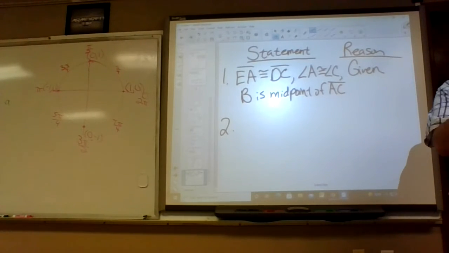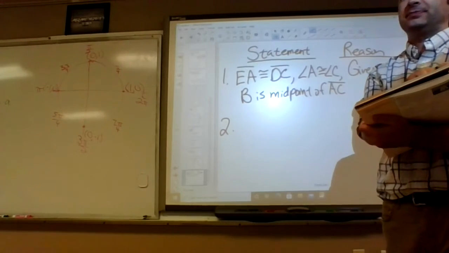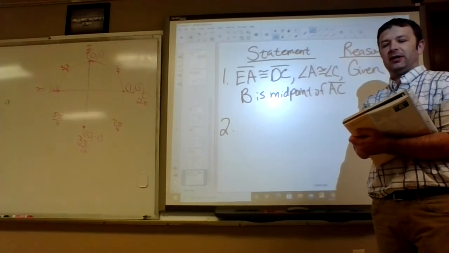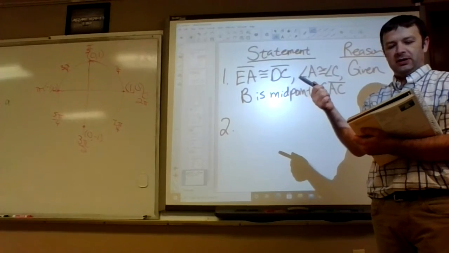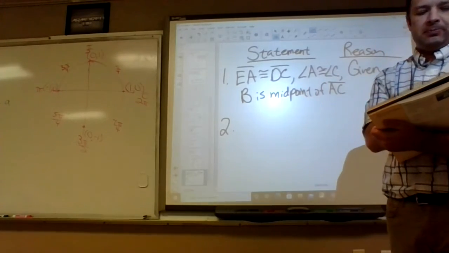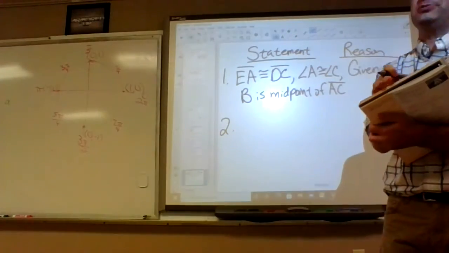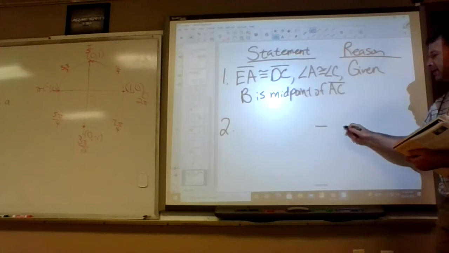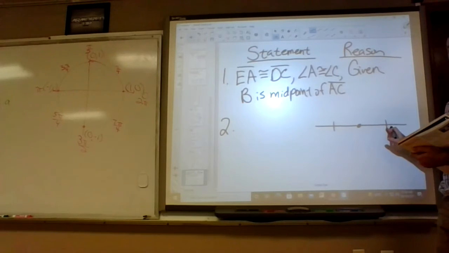Do you guys see B in the picture? B is in the middle of AC. If this is in the middle, what do I know? These 2 are the same, right?